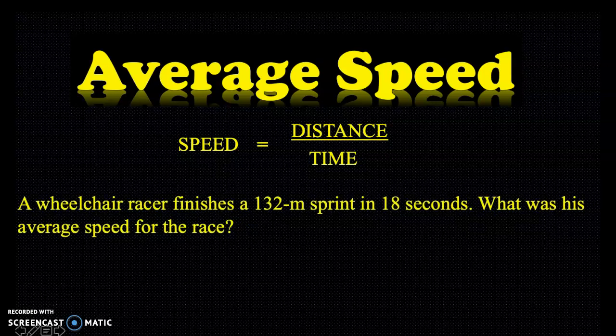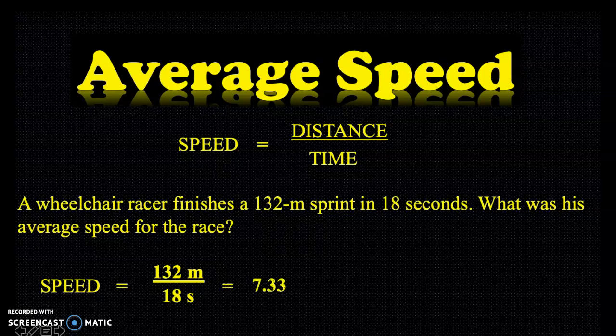So for example, a wheelchair racer finishes a 132-meter sprint in 18 seconds. What was his average speed for the race? We will simply take the distance, in this case 132 meters, and divide that by the 18 seconds the racer took to finish the race.